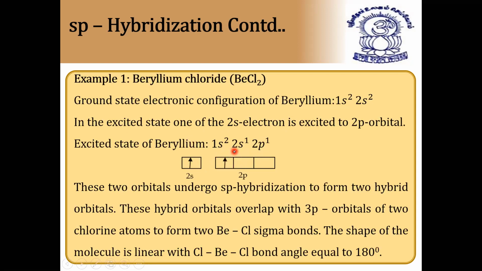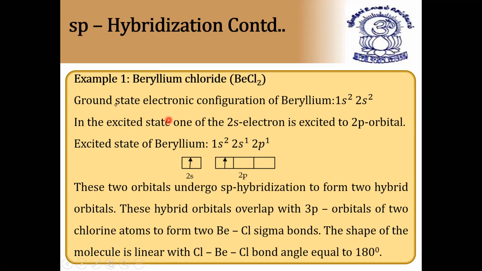The 2s and 2p orbitals undergo sp hybridization to form two hybrid orbitals. These hybrid orbitals overlap with 3p orbitals of two chlorine atoms, because chlorine is 1s2 2s2 2p6 3s2 3p5, to form two Be-Cl sigma bonds. The shape of the molecule is linear and the bond angle is 180 degrees.